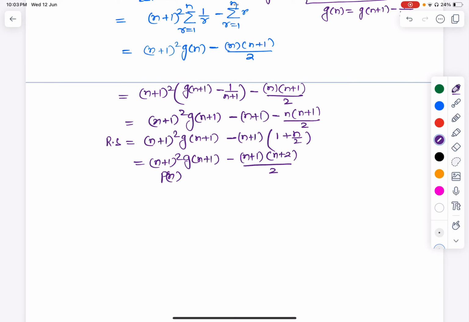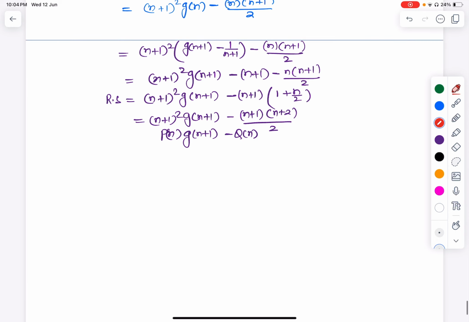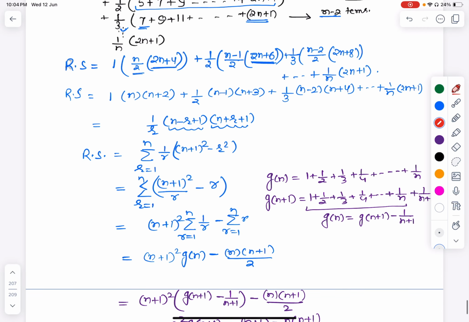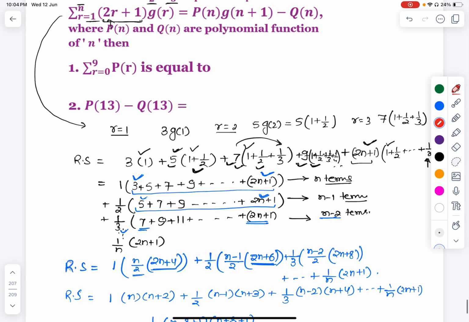So the required sum is in the form of P of n into g of n plus 1 minus Q of n. So from here clearly we can say that P of n is (n plus 1) whole square, Q of n is (n plus 1) into (n plus 2) by 2. So now we can solve what they are asking.